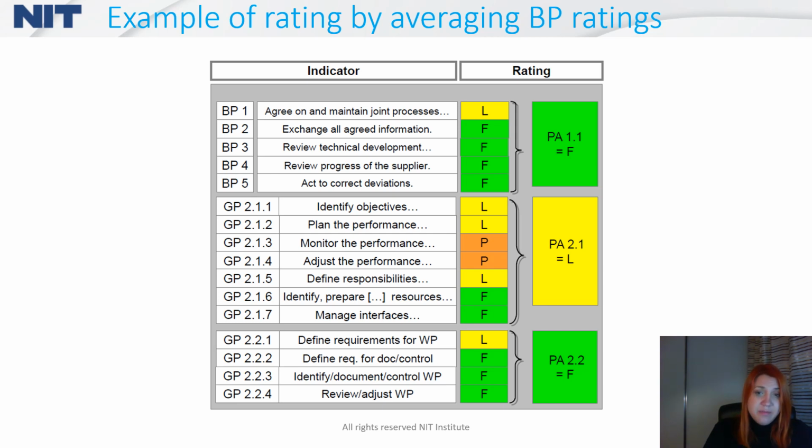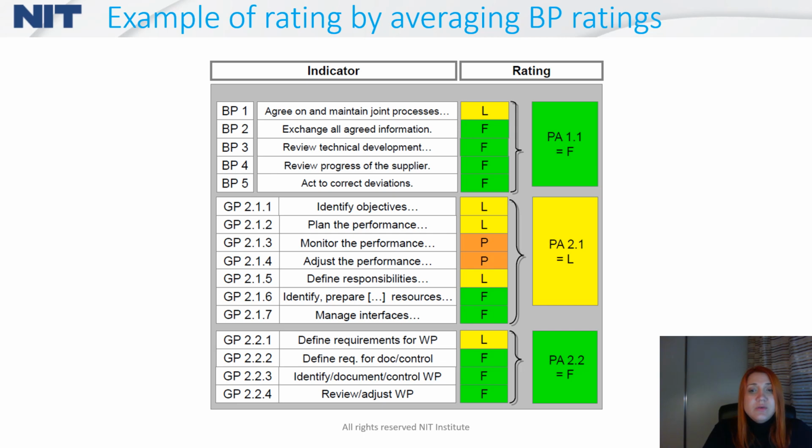Here are more examples. You can see that there are indicators like BPs and GPs for level 1 and level 2, and that they're rated like LFFFF, and that the rating by averaging the BPs is fully. For level 2, we have largely and fully.